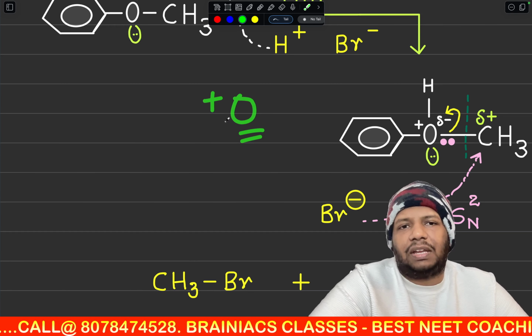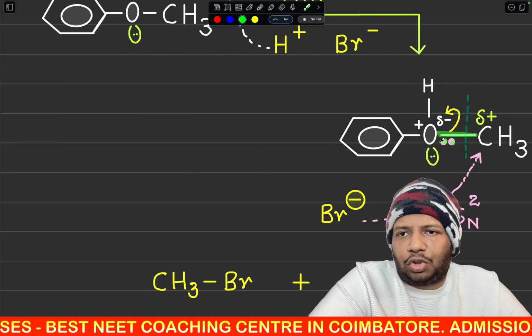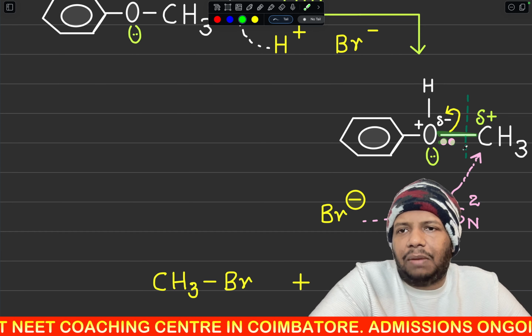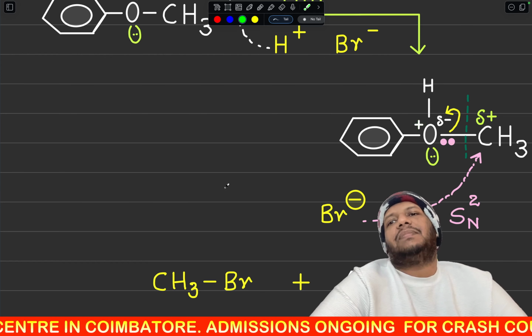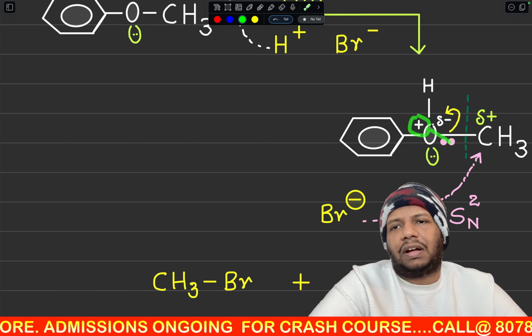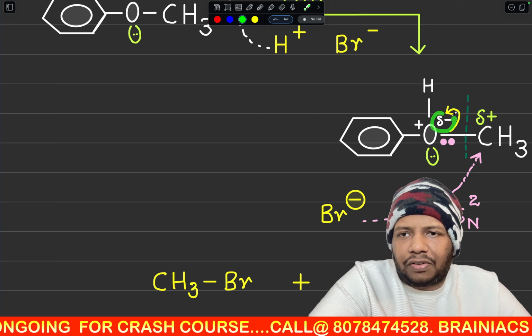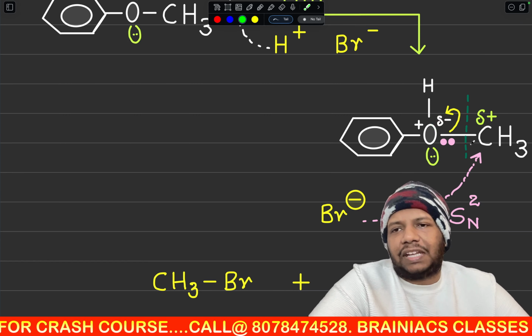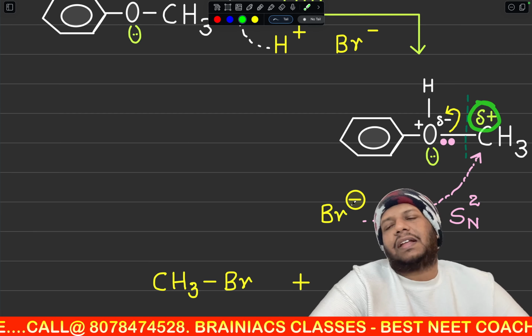So the electrons shared between oxygen and carbon will move towards oxygen in order to compensate the vacancy. It will shift in this direction because of the deficiency here. A pull will come, and because of that a partial negative charge appears due to the temporary electron displacement, and a positive charge will develop here.